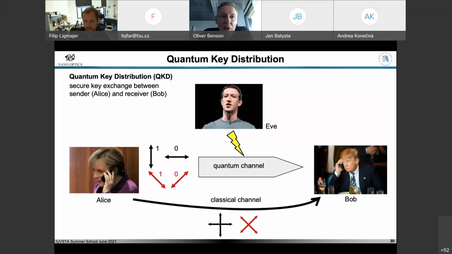The key idea of quantum key distribution is to transfer information from Alice to Bob in a way that you can avoid that an eavesdropper is listening. Or to be more correct, you cannot avoid that an eavesdropper is listening, but you want to make sure whether this happened or not. And here quantum key distribution comes in.